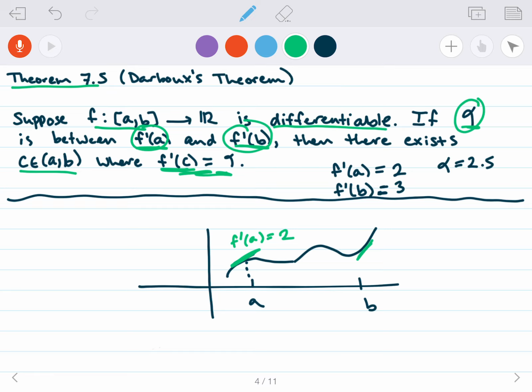And then f prime of B is a bit steeper. Let's say that f prime of B is 3. And so Darboux's theorem guarantees that there's some c in between these guys that has a slope of 2.5. So this is m equals 2.5, and let's say that this is our c value. Okay, so that's the idea here.